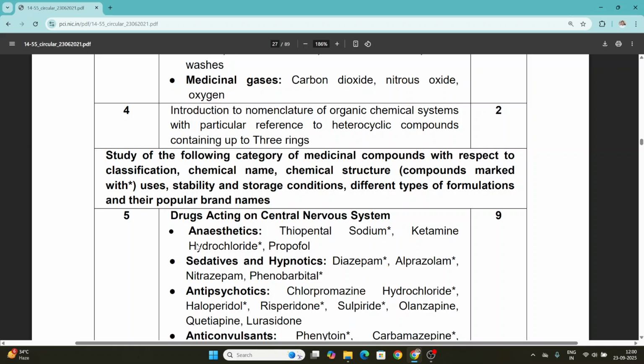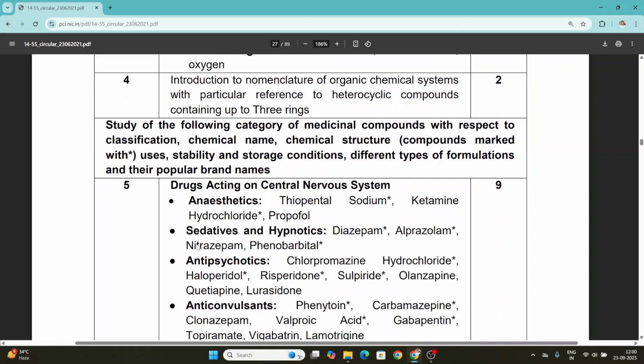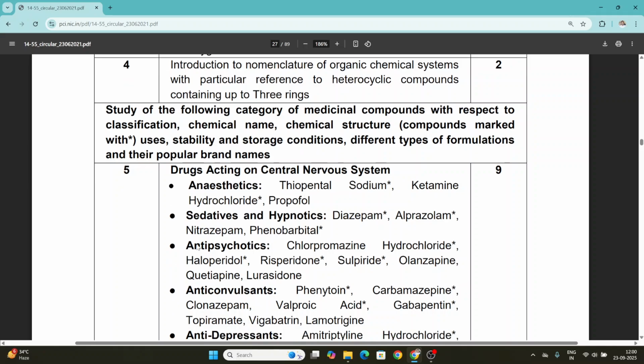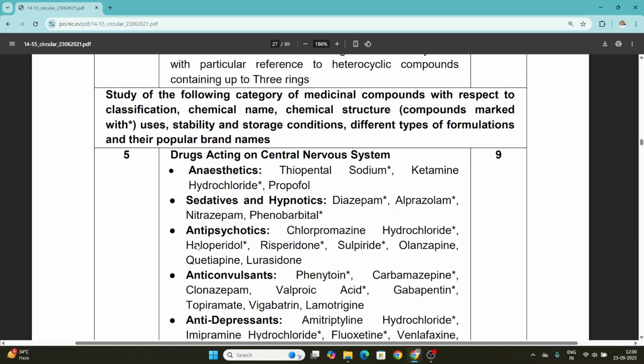Chemical structures, you'll have to read only the medicines marked with star. Uses, stability and storage conditions, different types of formulations and their popular brand names. Drugs acting on central nervous system.